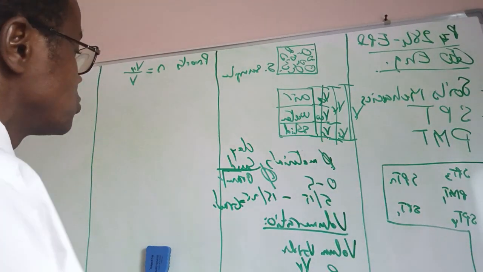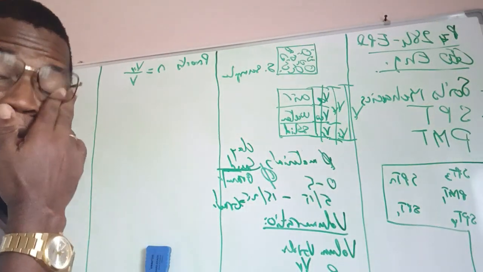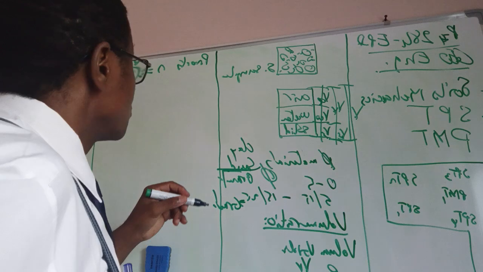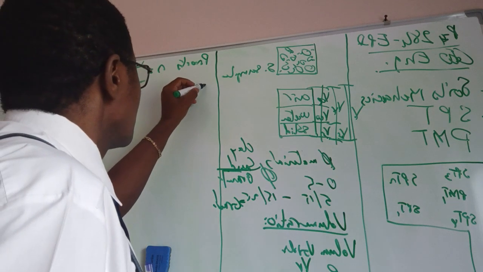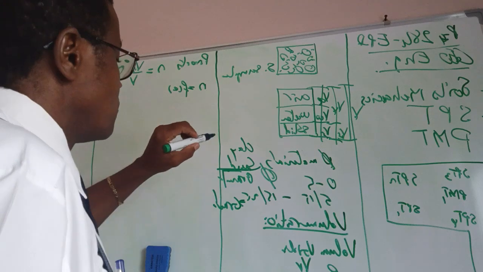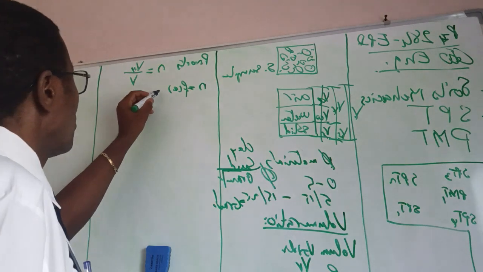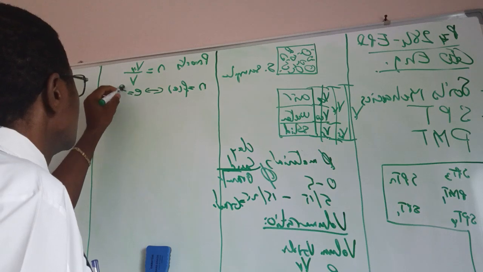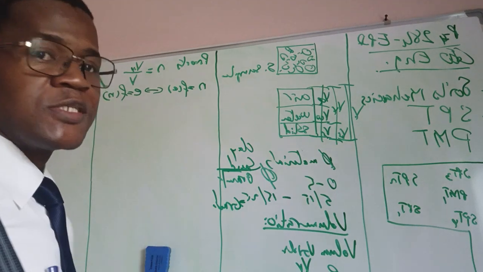Now, how are you going to get the void ratio to be able to identify the type of material that you have? First thing, let's write porosity in terms of the void ratio, or you can also write the void ratio in terms of porosity.